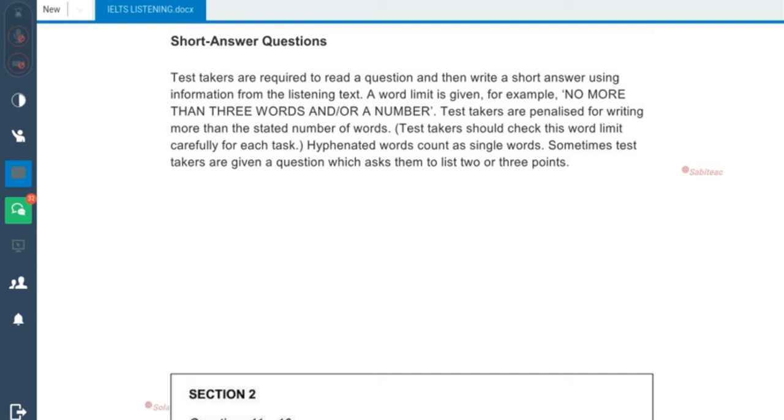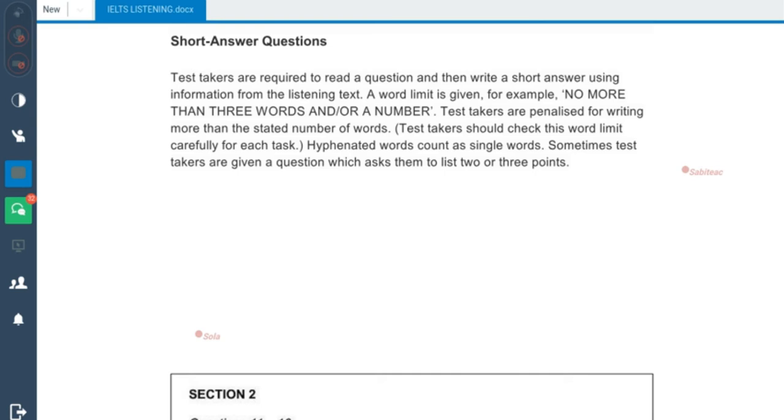Any other person? Okay, I think this is an example: Go 7. Go is a word, and 7 is a number. This could be correct, 1 word and a number. That's what this person is saying, if I understand correctly. 1 word and a number could also be correct. Navy blue gown. Yes, navy blue gown.